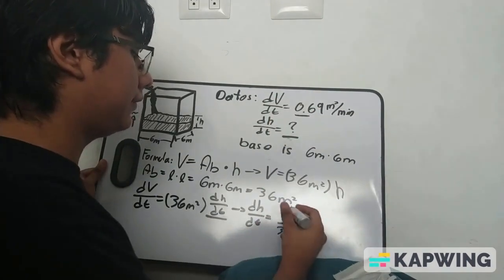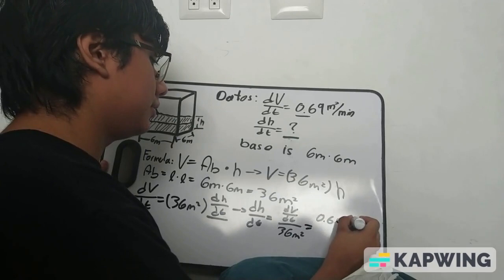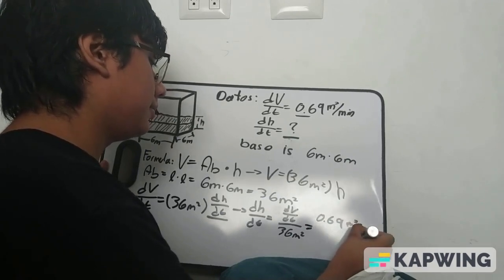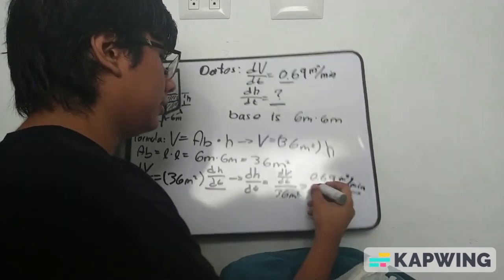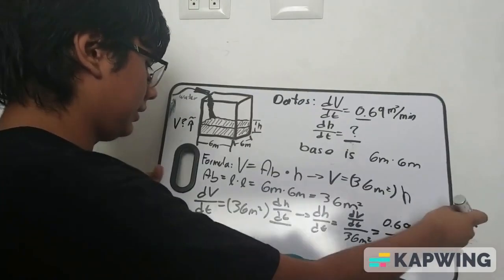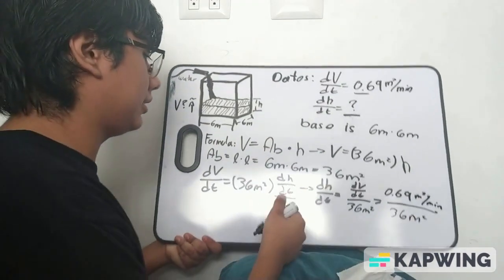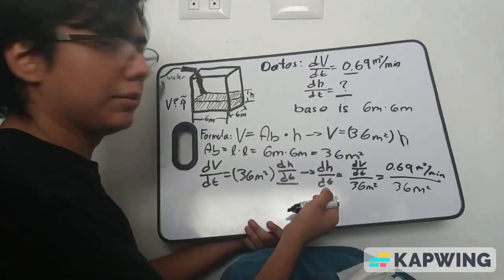We have the derivative of V here, 0.69 cubic meters per minute, over 36 meters squared. Obviously, this makes an equation and the division.